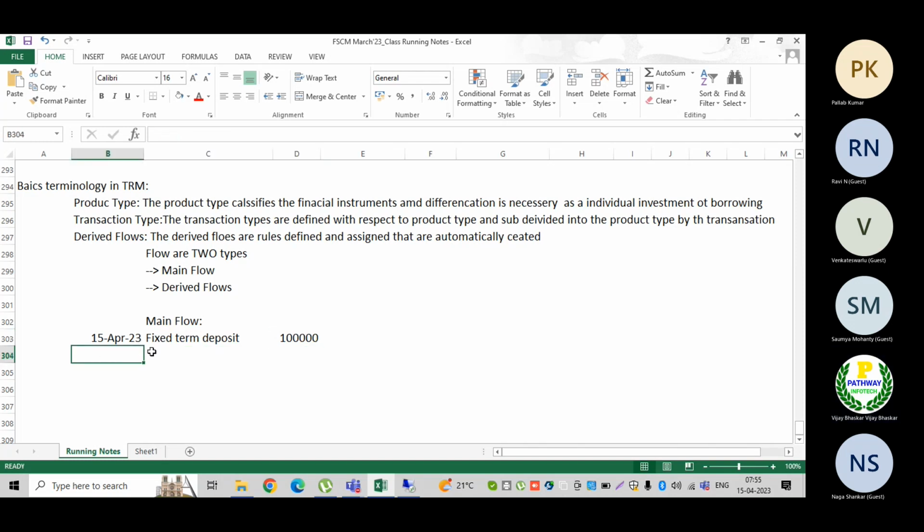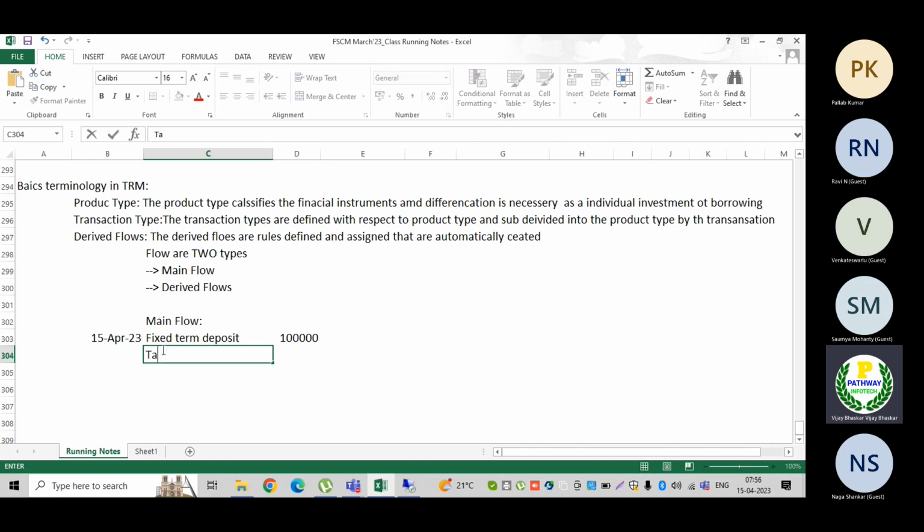As part of the deal creation, we must bear some additional charges, like a transaction charge or taxes. Let us assume we have to pay GST. You can go for a percentage or a fixed amount.